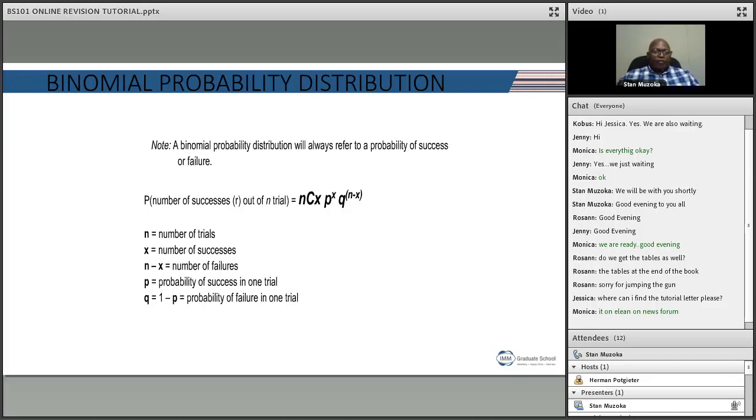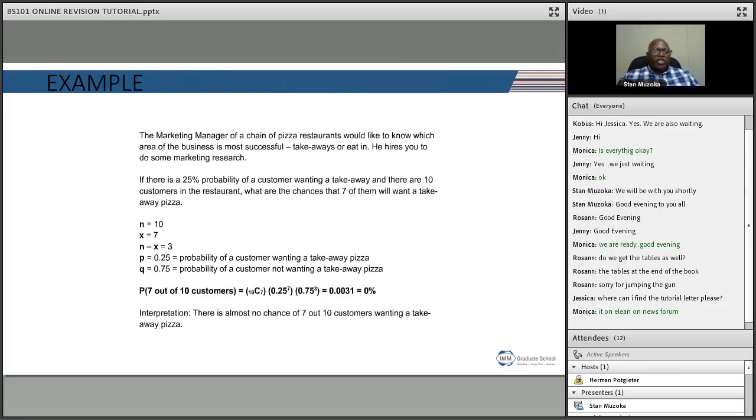N is the number of trials, that's the sample space. X is the number of successes, it is what you are calculating. N minus x is the number of failures, and p is the probability of success in one trial, and q is 1 minus p, as defined in your textbook.